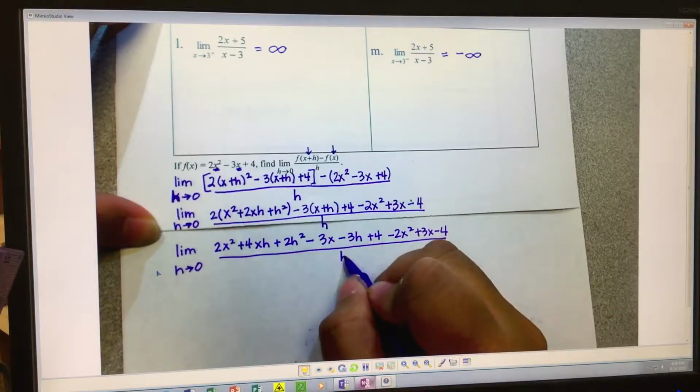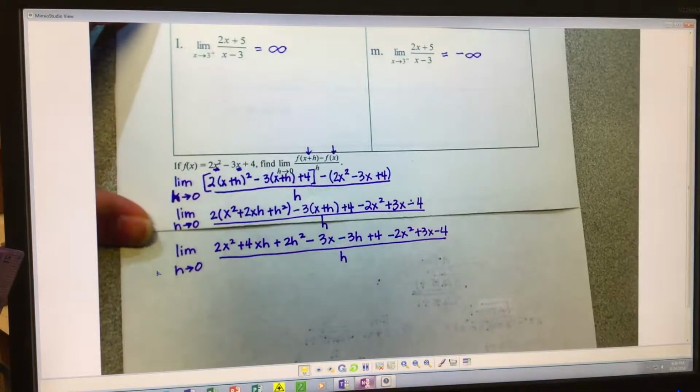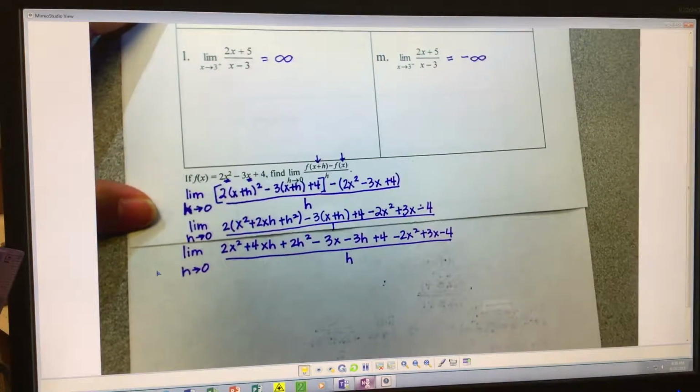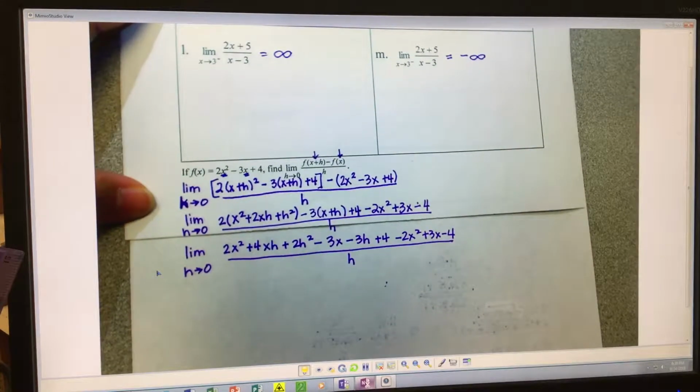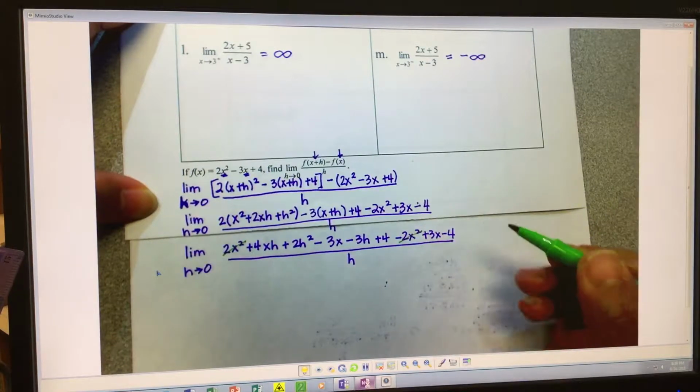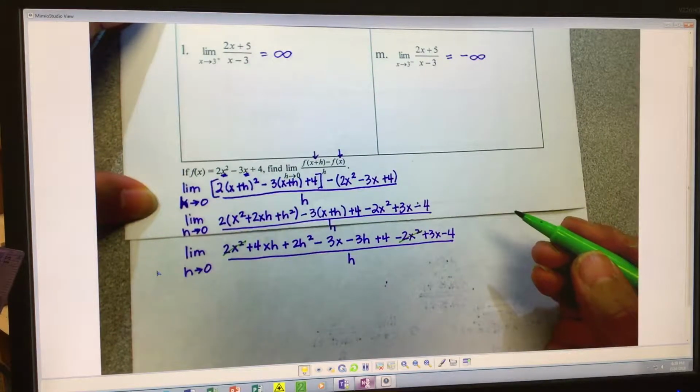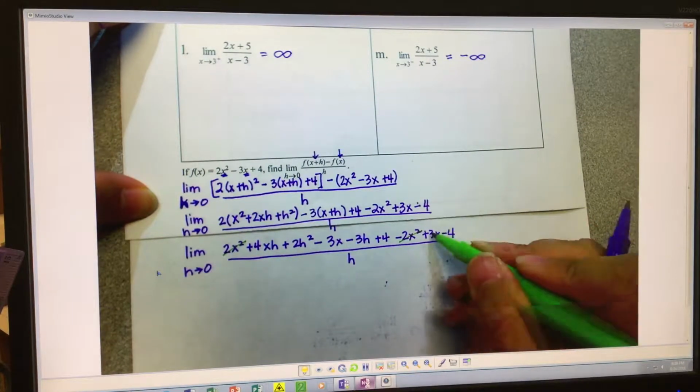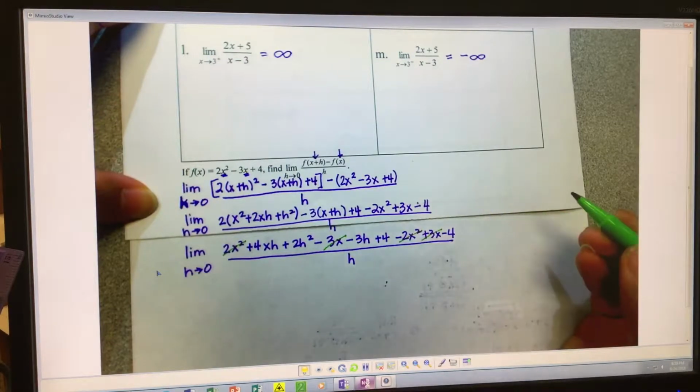All over h. So now let's cancel out some things. So what can we cancel? Well, this cancels out the 2x squares. The 3x. What else do we have?